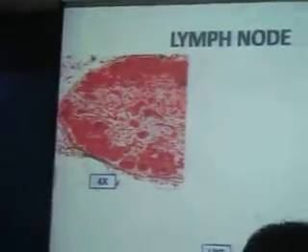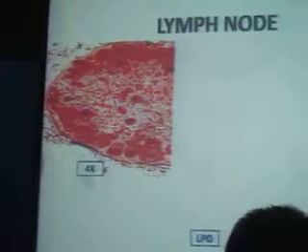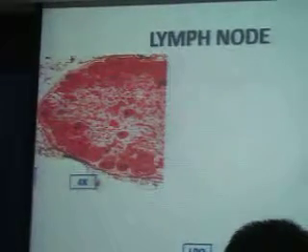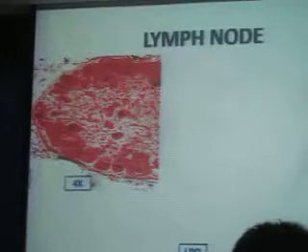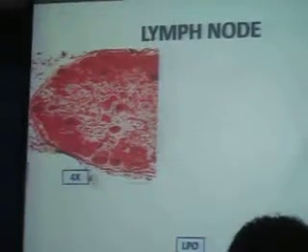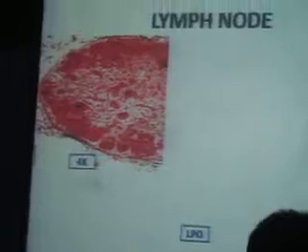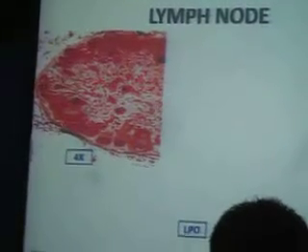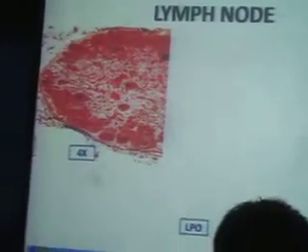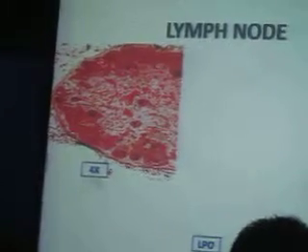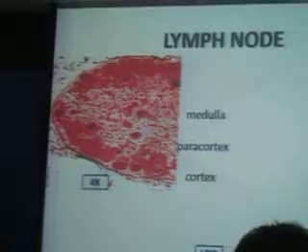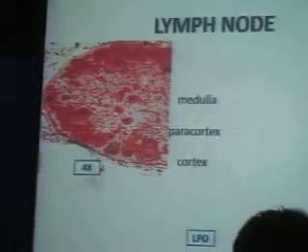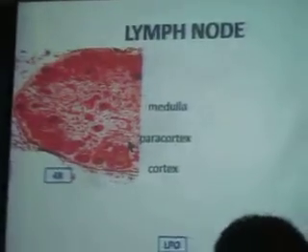So what's so characteristic about the lymph node? Medullary cords, as you have in your quiz. If you have medullary cords, it is located in the medulla. If you have medulla, you have cortex. So you have the three areas of your lymph node: the outer cortex, the inner medulla, and in between you have the paracortex.